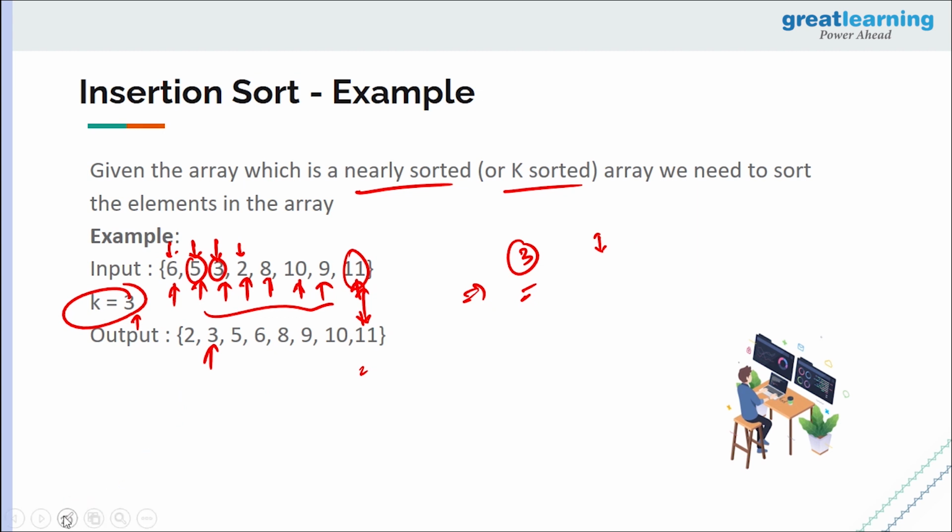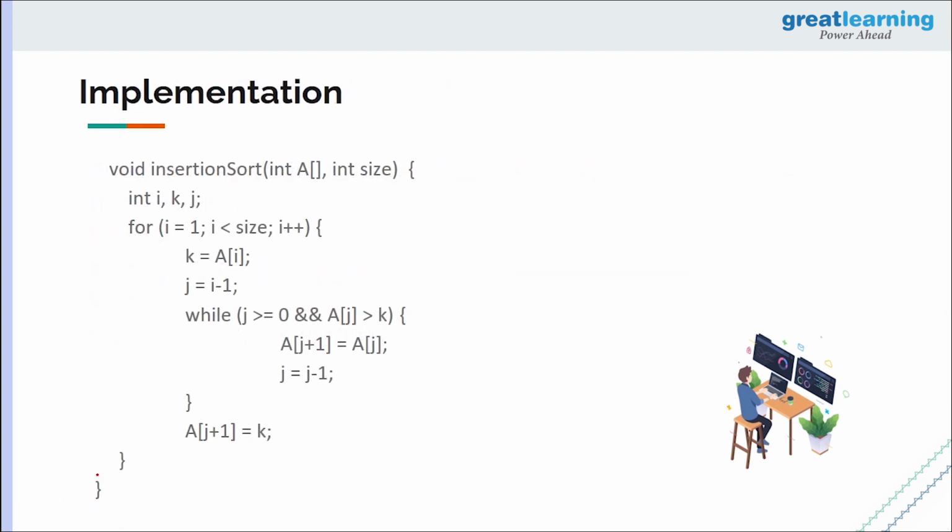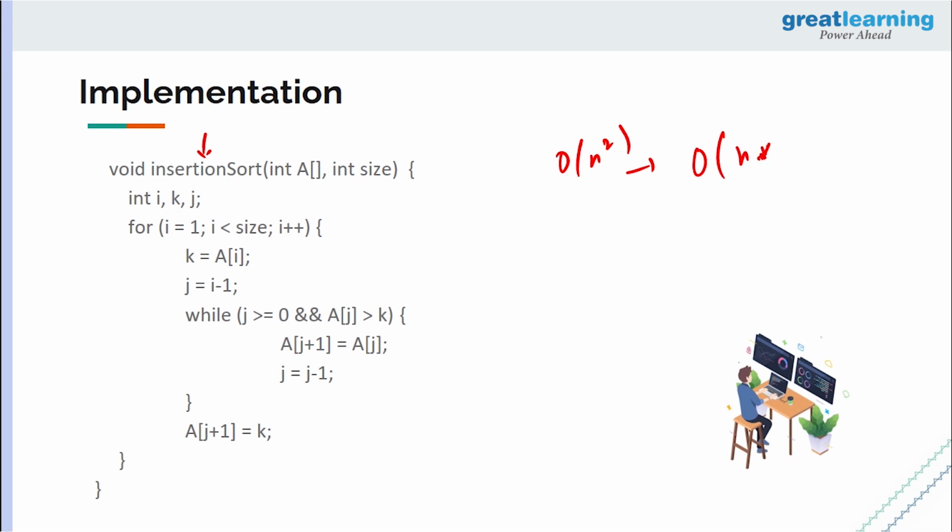So now if you talk about its implementation, we are going to implement it with the help of insertion sort. Why? Because we know that if we are not swapping everything, the time complexity will be reduced from big O of n square. There are only some elements to move, and the maximum work we are going to do is big O of n into k.